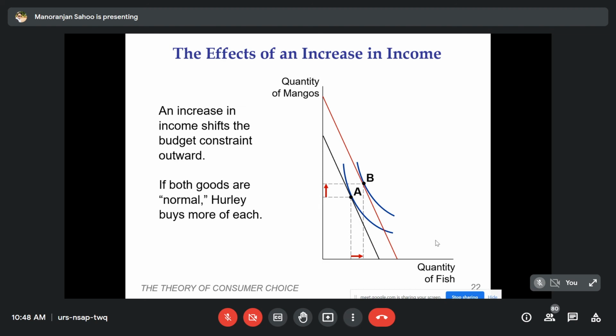In the initial graph, we showed that the consumer cannot achieve combination B because it was at a higher budget. Now, if the consumer's budget or income increases, then only he can achieve a higher equilibrium point, which is upon a higher indifference curve.